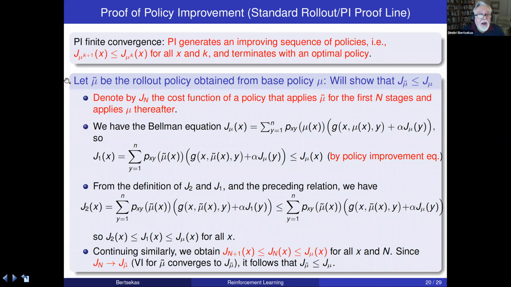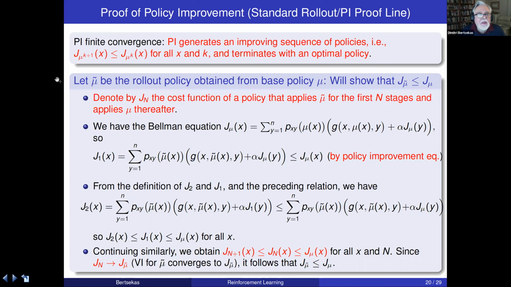Okay, so this is an important proof, perhaps the most important proof around policy iteration, but also it's important additionally because the line of proof applies to just about any kind of policy iteration algorithm.